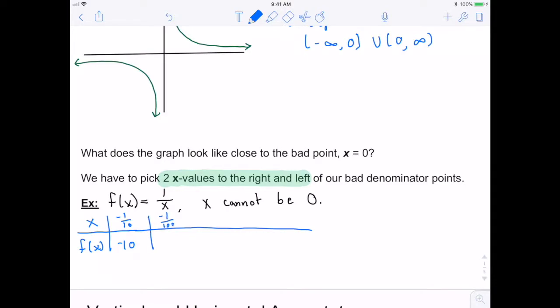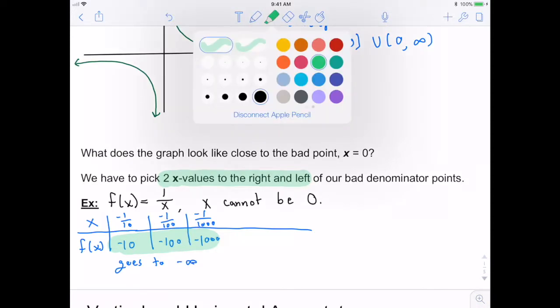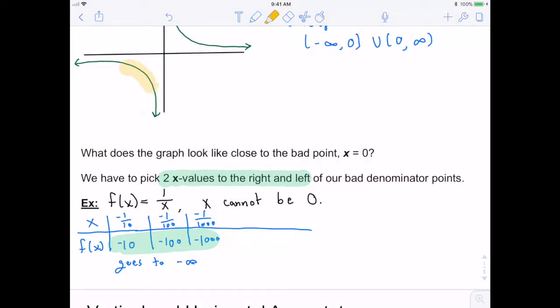Similarly, if we input negative 1 divided by 100, it flips it over and it becomes negative 100. And if I tried putting in negative 1 divided by 1000, same thing, it becomes negative 1000. So here, it's going to negative infinity pretty quickly. And we see this in the graph here. Once we get close to the y-axis, we start dropping down and down. We reach negative infinity as we get very, very close to 0.